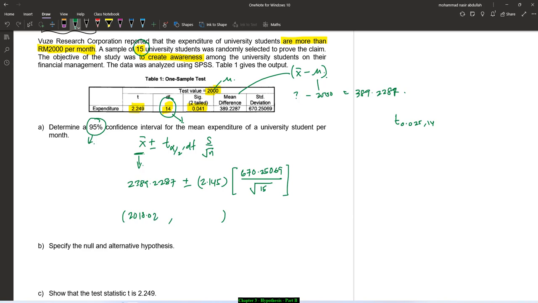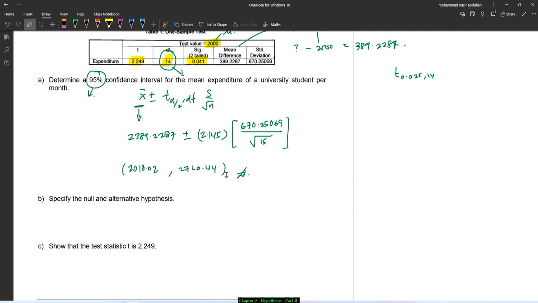What is the upper confidence limit? 2760.44. Alright, good, correct. So make sure you calculate correctly, press the calculator carefully.